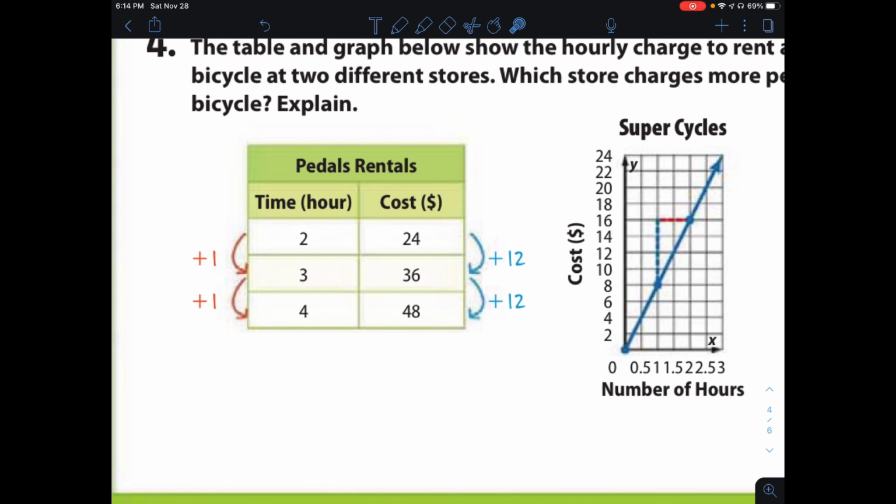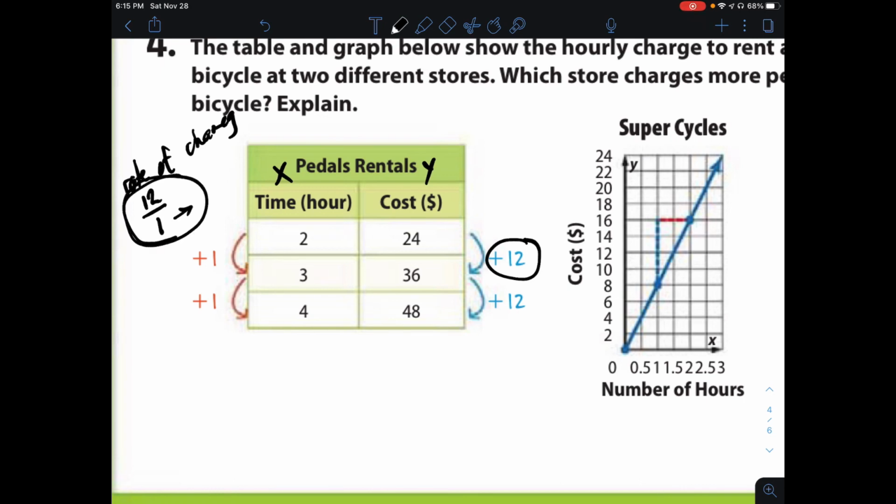Now we know that the rate of change for Pedal Rentals is, we get this 12, which is our y, this is our x. Again, change in y, which is 12, over change in x, which is time, which is 1. Now, if you notice, the denominator is already 1.